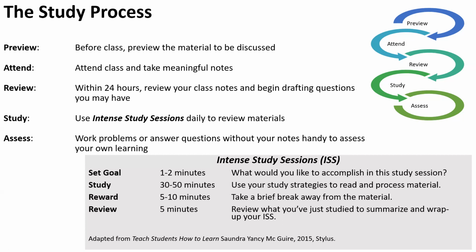So when you go to study, set a specific goal for yourself of what you want to accomplish during the study session, and spend non-distracted 30 to 50 minutes on that studying, and then take a brief break or reward time when you maybe go outside, do something active, maybe get something to eat or drink, maybe spend some time with a pet, and then come back, see how you did, review what you've just studied, see if you've accomplished that goal, and then move on from there.